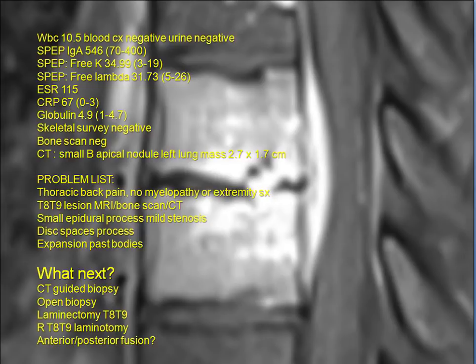Immunoglobulin A is 546, free kappa's high, lambda's high, SED rate's 115, C-reactive protein 67, globulins are high at 4.9. Skeletal survey was negative, bone scan was negative. The CAT scan with Dr. Samir we discussed, he had a left lung mass 2.7 by 1.7 centimeters. So it's something that needs to be looked into. So the problem so far is a 56-year-old man, back pain, no myelopathy, no extremity symptoms, T8, T9 lesion.